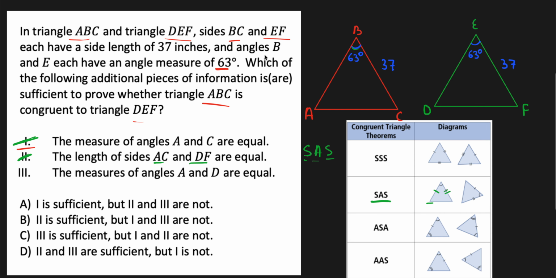Okay, great. Now let's look at the third option. The measures of angles A and D are equal. Let me change the color. We are basically told this angle equals this angle. Perfect. This is what we need. And as we previously did, let's do the same thing. Now, we have two angles and we have one side, right?